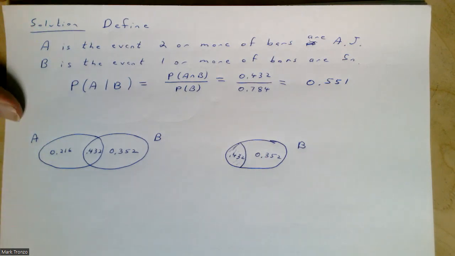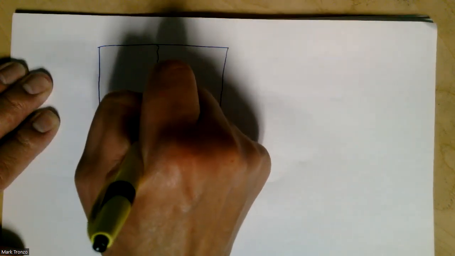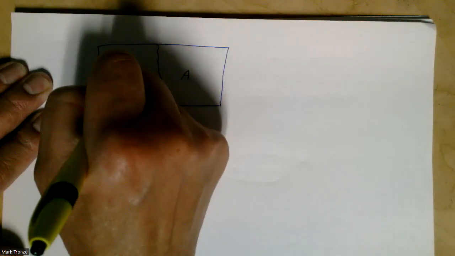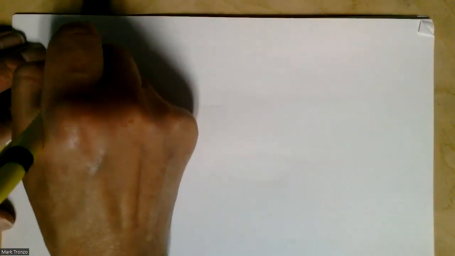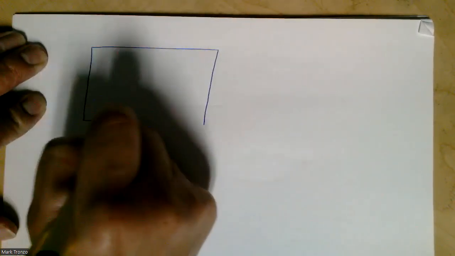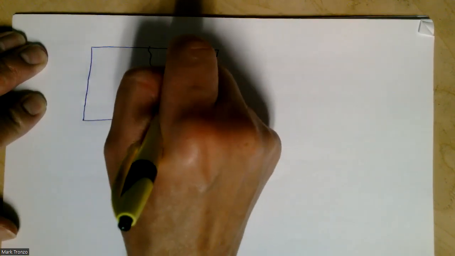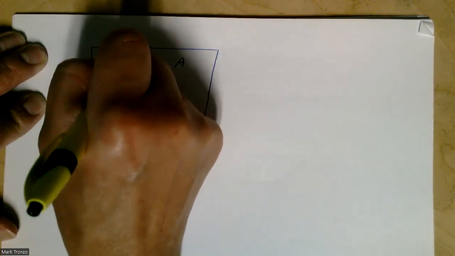Now, for some conditional probabilities, it's helpful to think of the events this way. So let's say you have an event A and A complement.